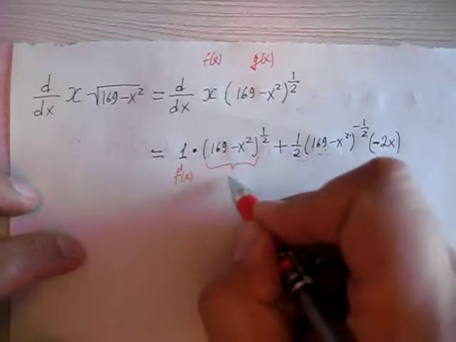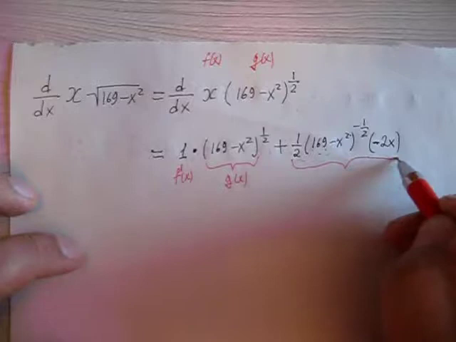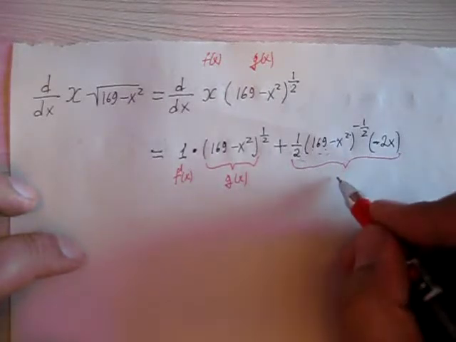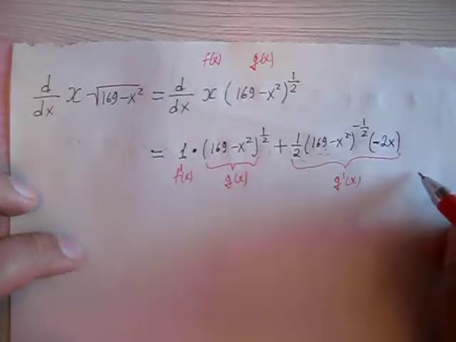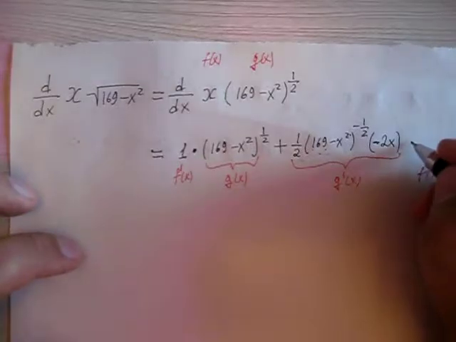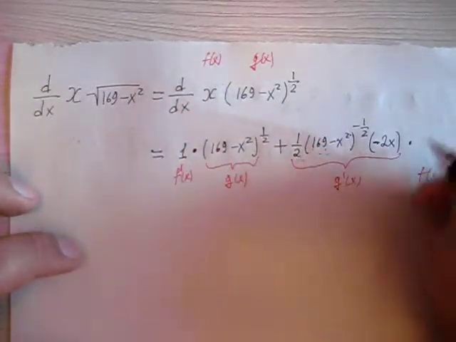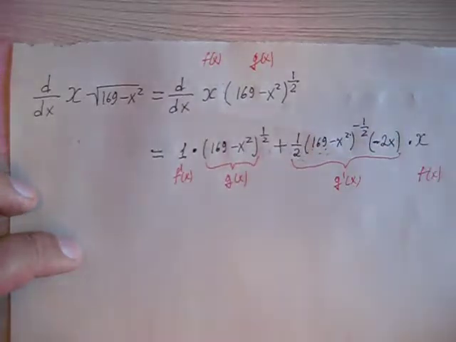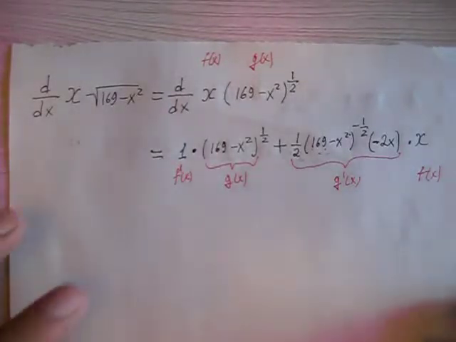This is g of x, and when we use the chain rule we found g prime of x, and now we have to multiply by f of x, this function. So times f of x, and our f of x is just x. Okay, we finished our derivative, and now we need to just use algebra to simplify it.